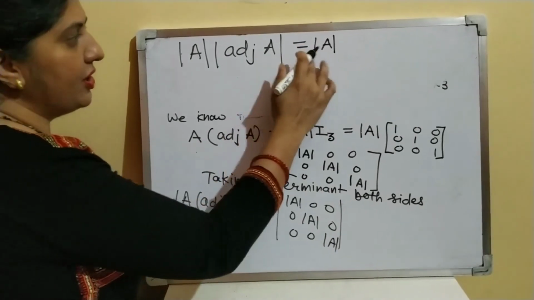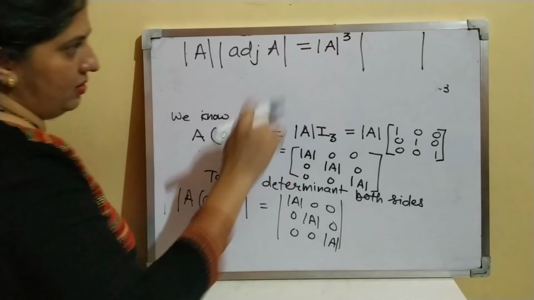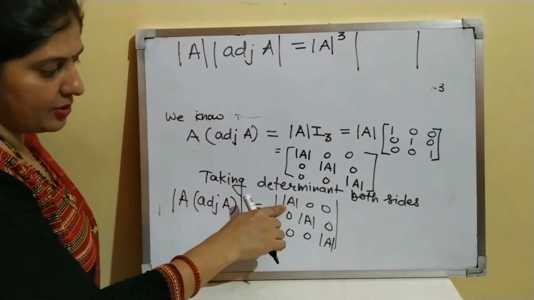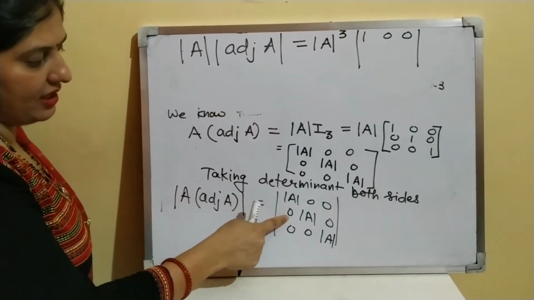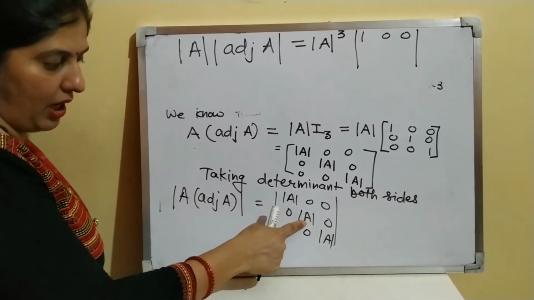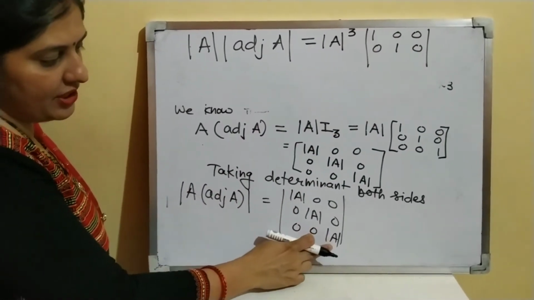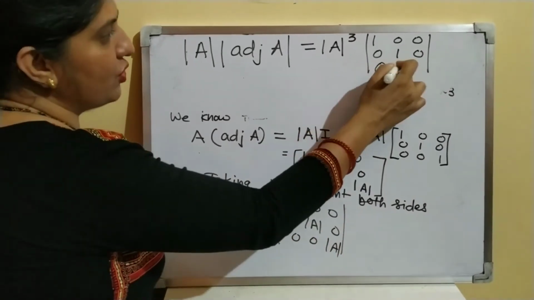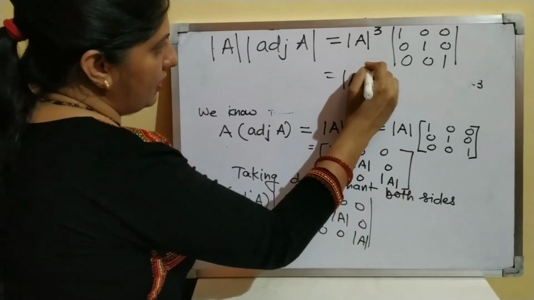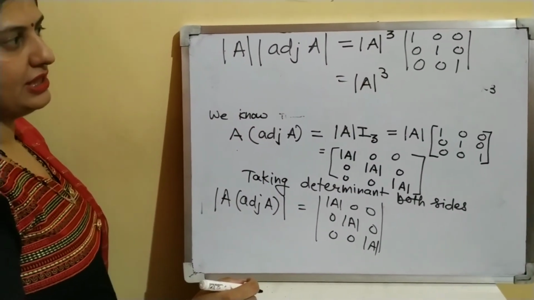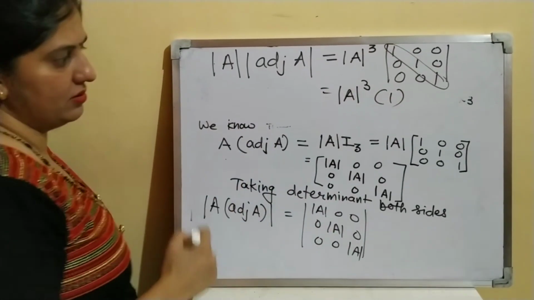So we get determinant of A to the power 3, and we take determinant of A common from R1, so we get 1 0 0. Again we take determinant of A common from R2, we get 0 1 0. Again we take determinant of A common from R3, so we get 0 0 1. Now determinant of A to the power 3 as it is, and determinant of identity matrix is 1.